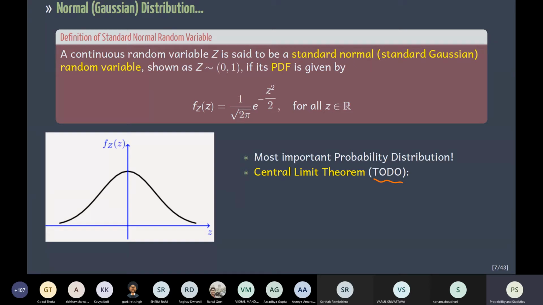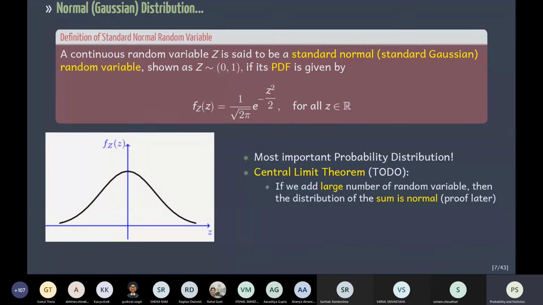As for what the central limit theorem says, we cannot do this right now before I define all those concepts of multiple random variables. But in short, if we add a large number of random variables, with caveats like independent and identically distributed, which I have not defined yet, then for the moment let us not get into the technicalities.